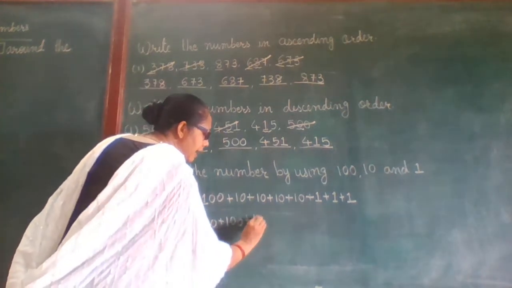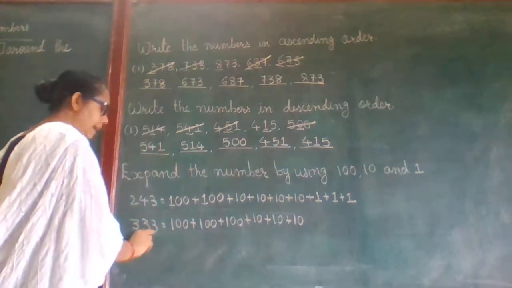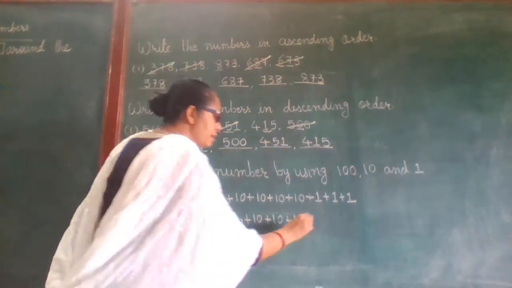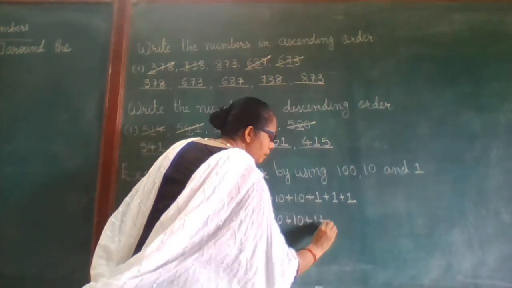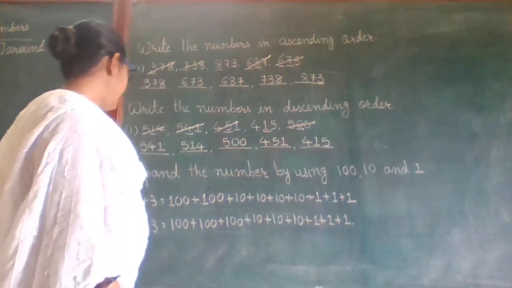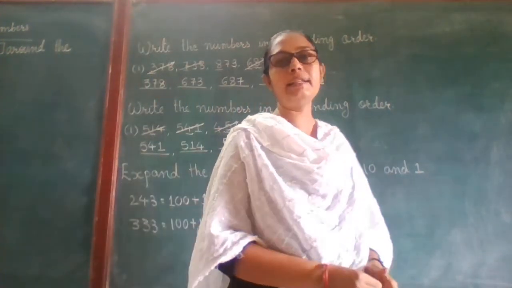So plus 10, 10, 10. And 3 on 1's place means 3 times 1. So plus 1, plus 1, plus 1. So this is called expand the number by using 100, 10 and 1.